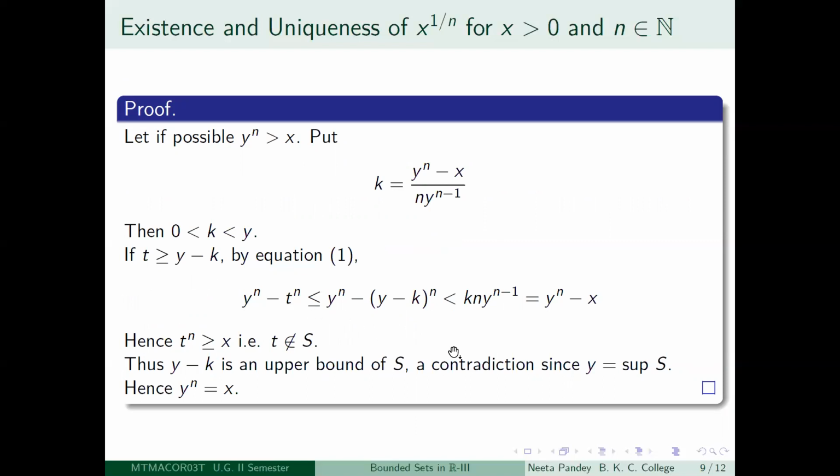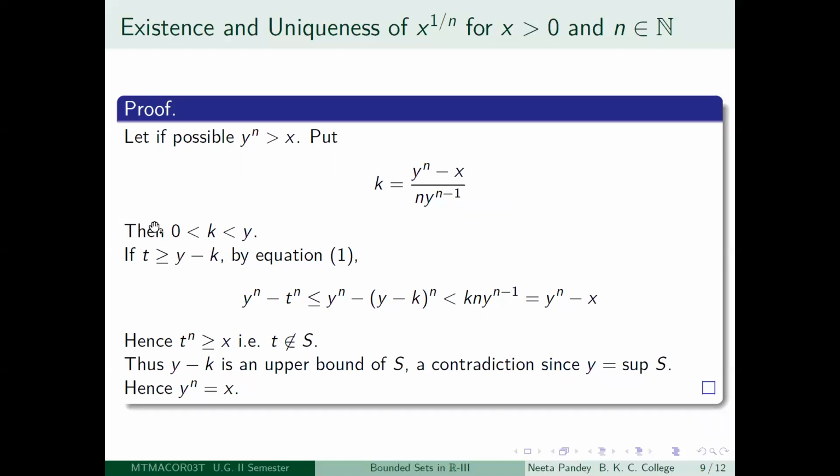This is going to be less than, first of all, if I leave out just t, then there is a problem. So instead of t, I have just plugged in y minus k. So if t was greater than or equal to y minus k, minus t is less than or equal to minus of y minus k.